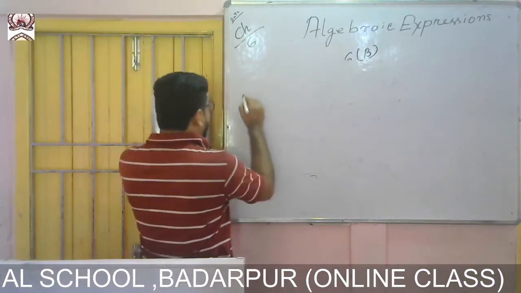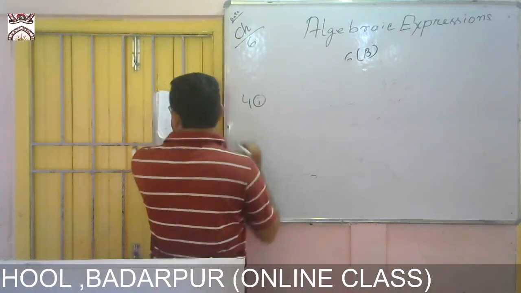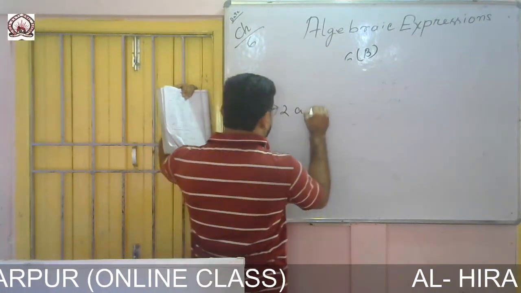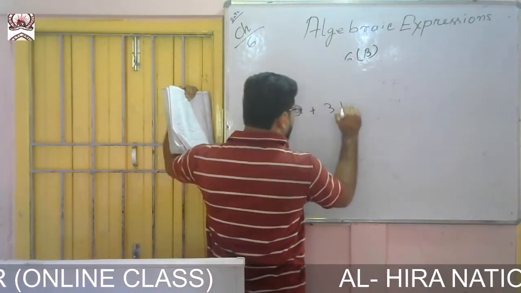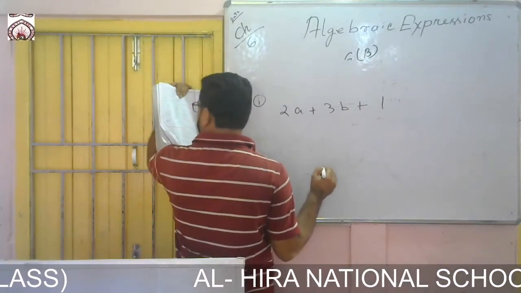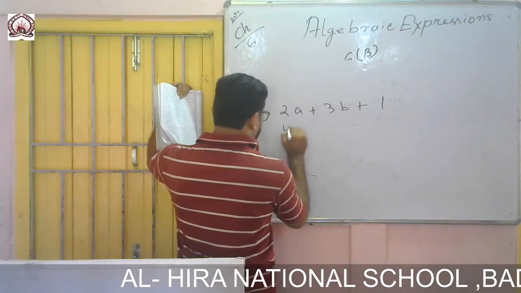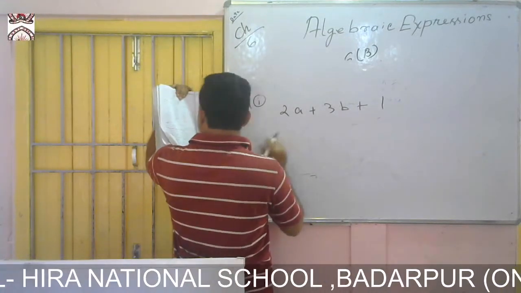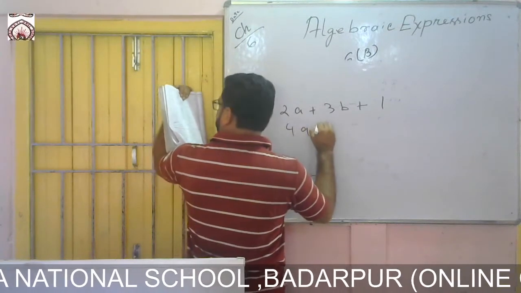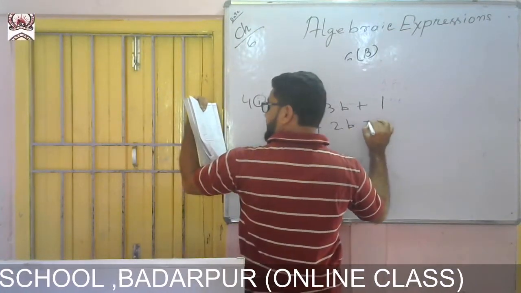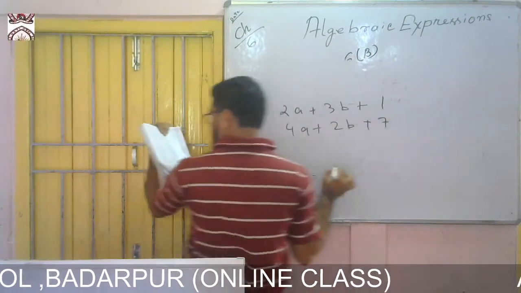So now come to question number 4. Again we need to add. You see question number 1: 2a plus 3b plus 1, and 4a plus 2b plus 7.